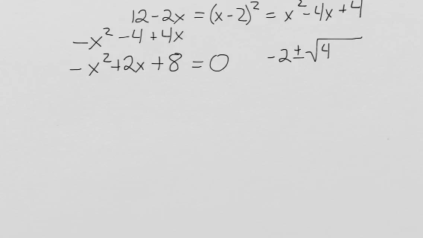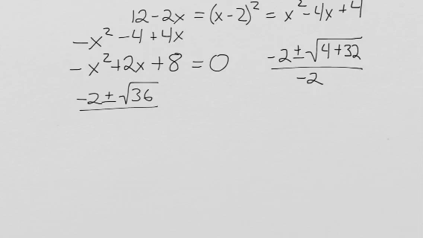So subtracting negative 32 is the same as adding 32, and it's over 2a, so minus 2. So to simplify that, we would end up with negative 2 plus or minus the square root of 36 over negative 2, which is equal to negative 2 plus or minus 6 over negative 2.